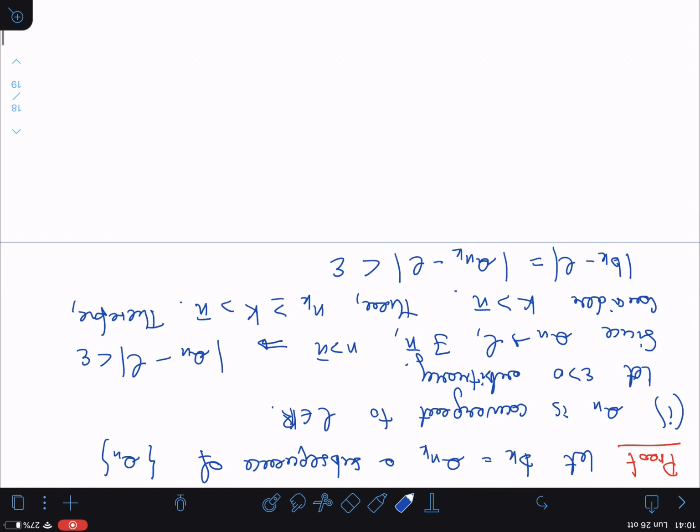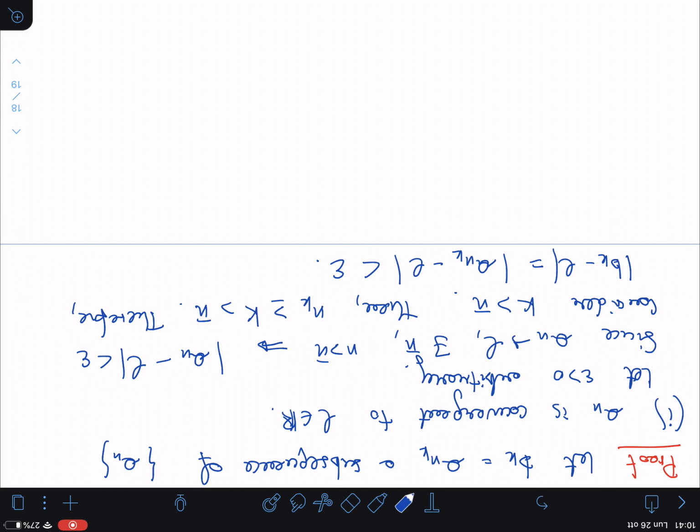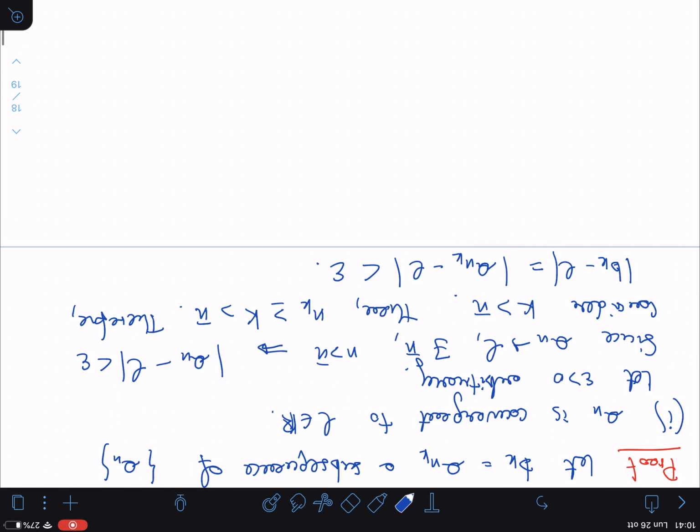Then by definition of limit, since we found n bar such that after n bar the distance is less than epsilon, we have that bk converges to L.